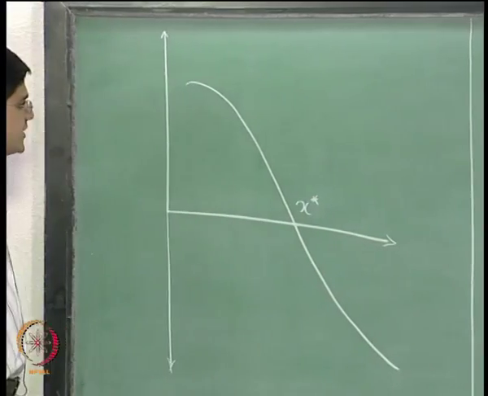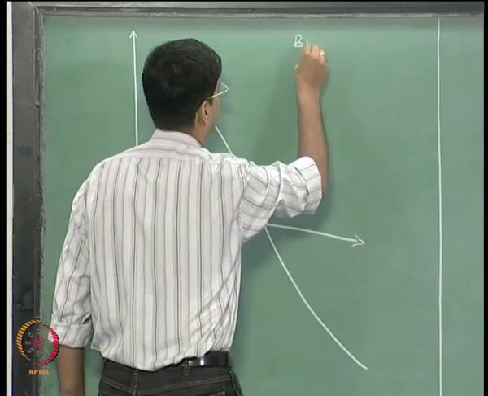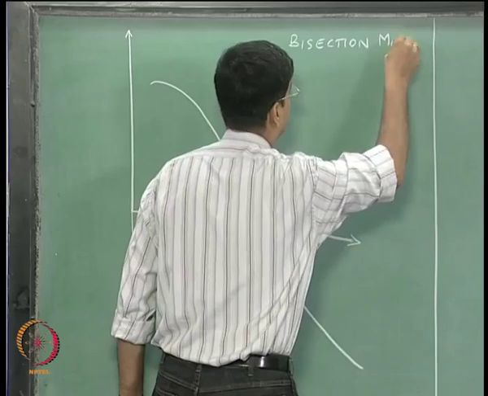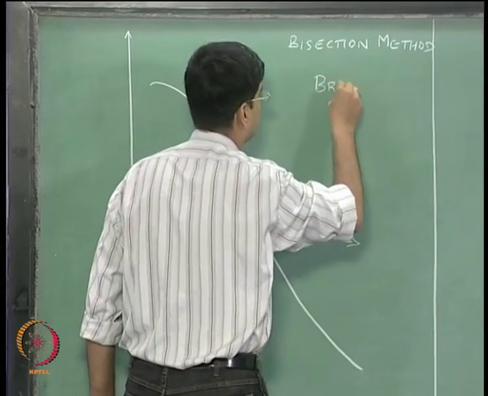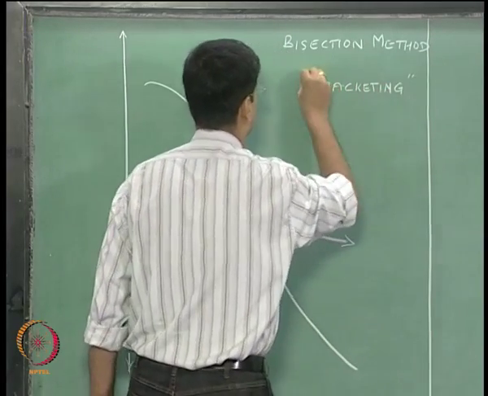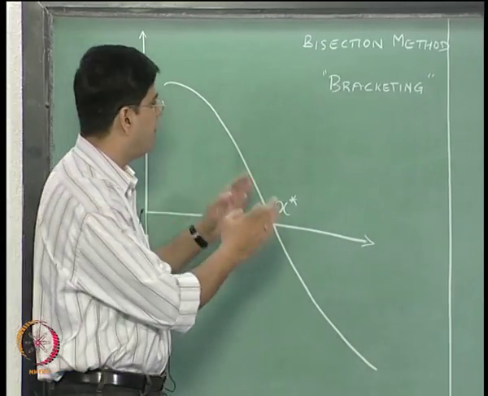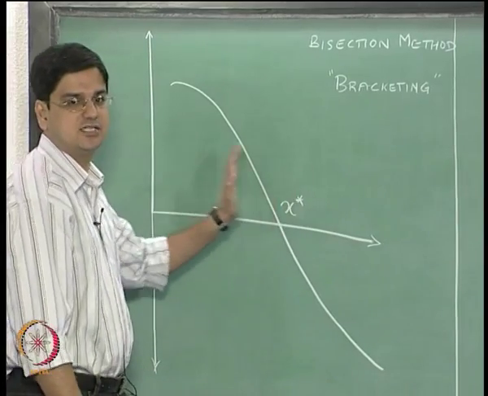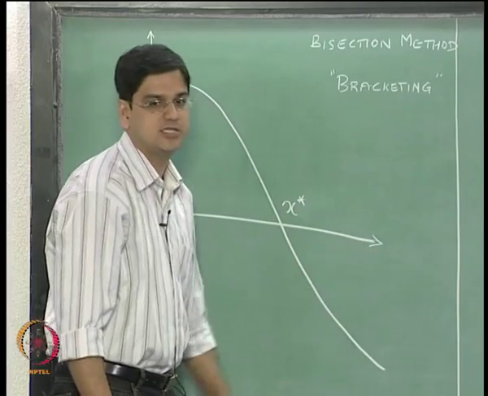Okay. Now the bisection method, it's a bracketing method. What we mean by bracketing method essentially is that we need two initial guesses such that one initial guess lies to the left of this solution, and the other guess lies towards the right.